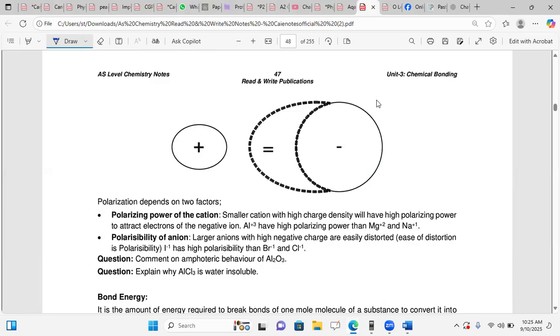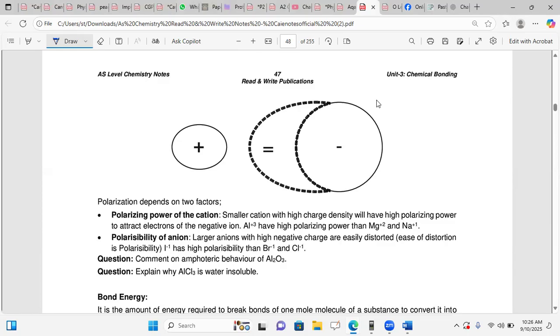Al plus 3, because 3 electrons are lost, is the smallest ion and has high polarization power as compared to magnesium and sodium, because they have only plus 2 or plus 1 charge. So polarizability of anion is going to be taken now. How is the anion going to distort the structure of a molecule?